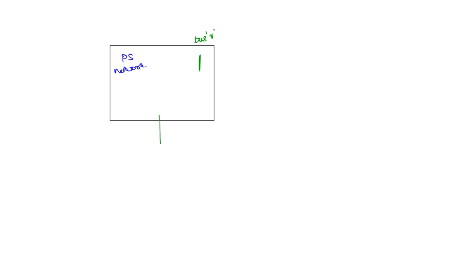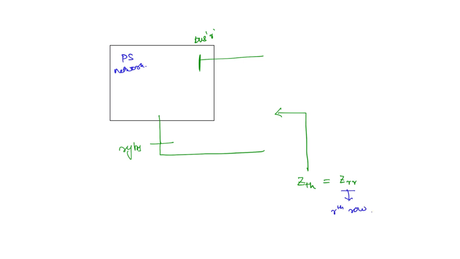So if you take this as the reference bus, and you want to look through bus R and find out the Thevenin's impedance, ZTH, this is going to be the ZRR element in the Z bus matrix. This is the rth row, rth column element in the impedance matrix.